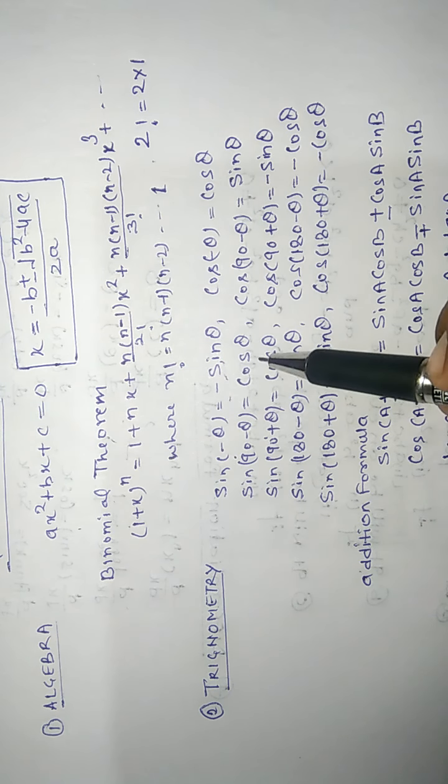As we know the values of 45 degree and 30 degree, we can calculate the value of sin 15 degree, sin 75 degree, sin 105 degree using this addition formula.